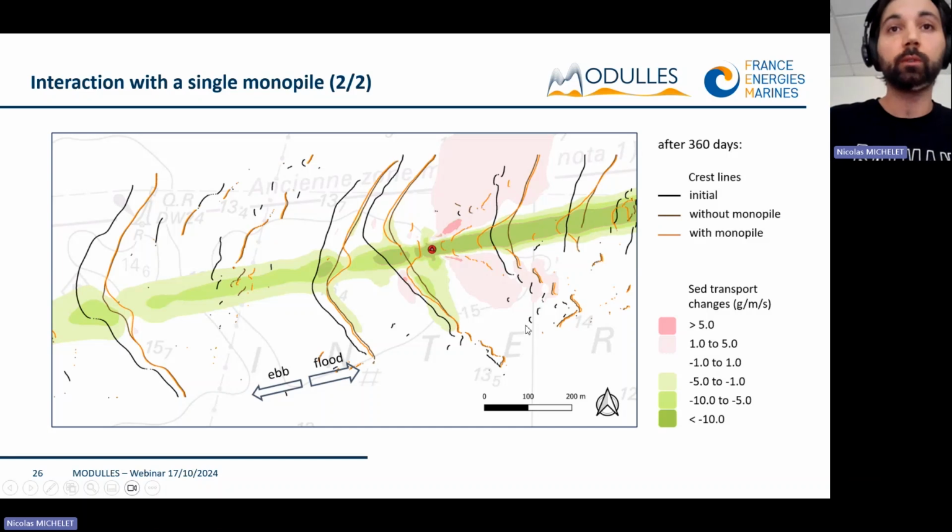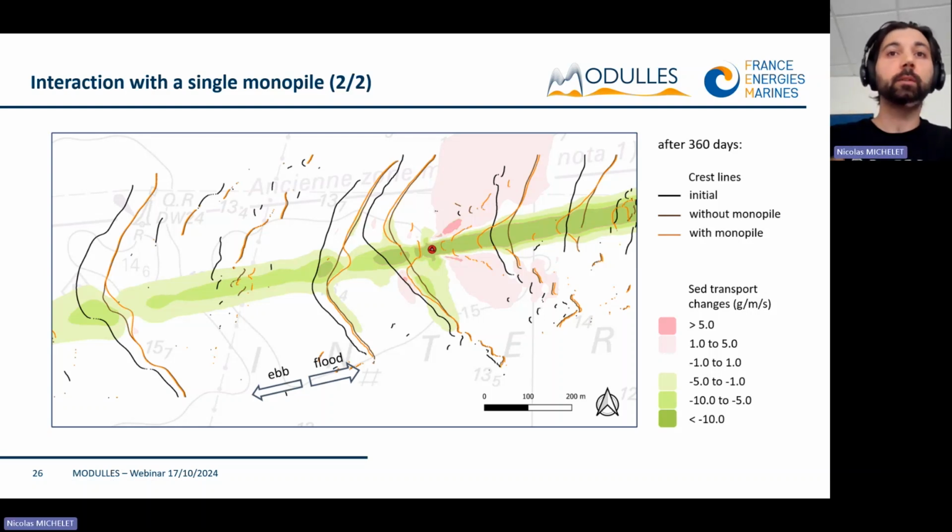And as you can see here on this picture, the crest lines seem to be attracted by the monopile. For this dune here, without the monopile we have a straight line, but with the monopile, you can see this form that is created because of the monopile.